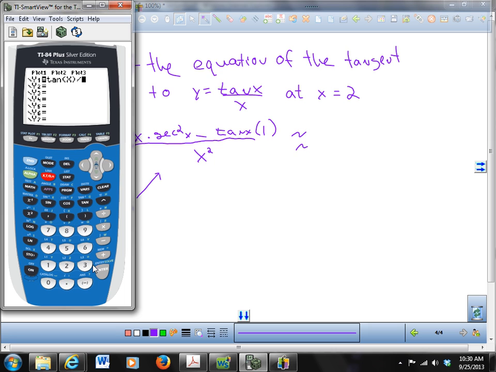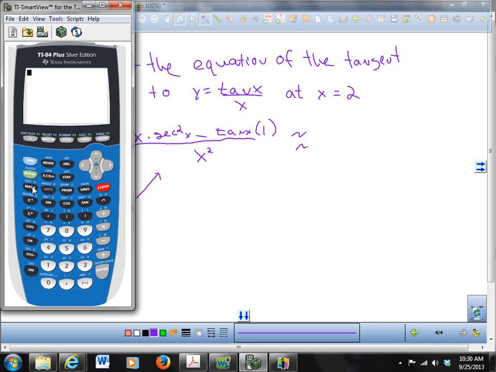Now, rather than plug in that horrible derivative that I just found, I wanted to show you that derivative. But now I'm going to go second quit, clear, and take the numerical derivative of tan of x over x at 2.